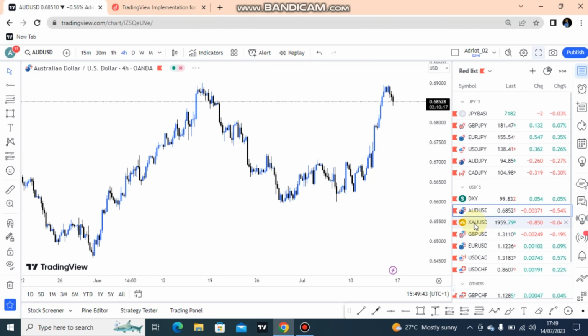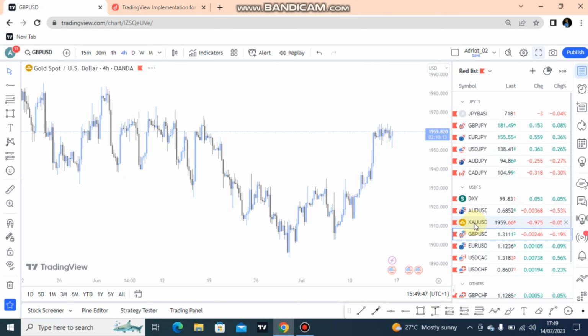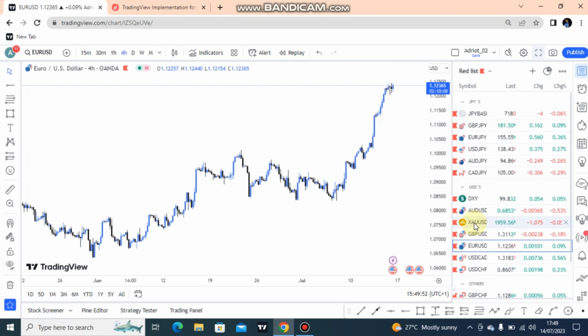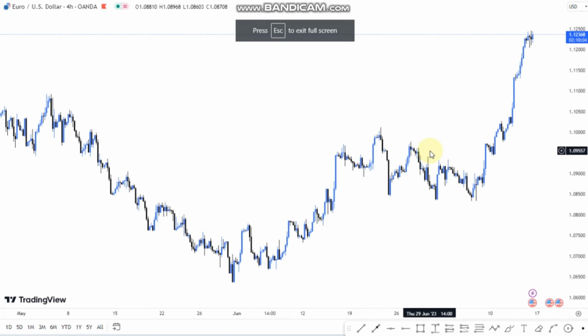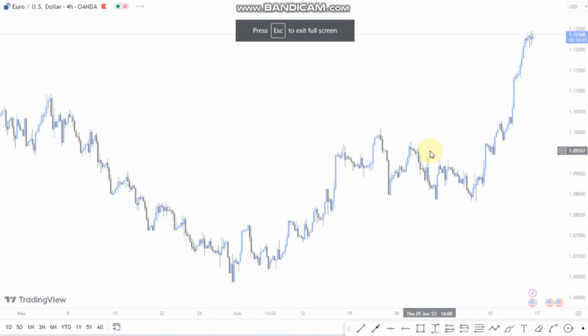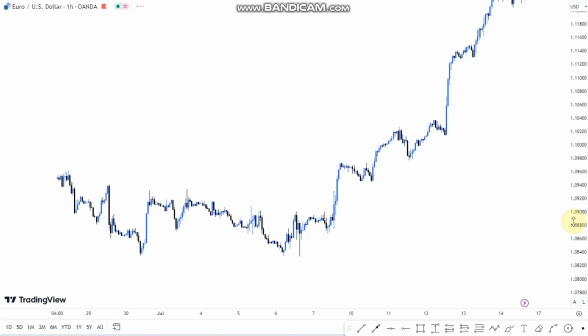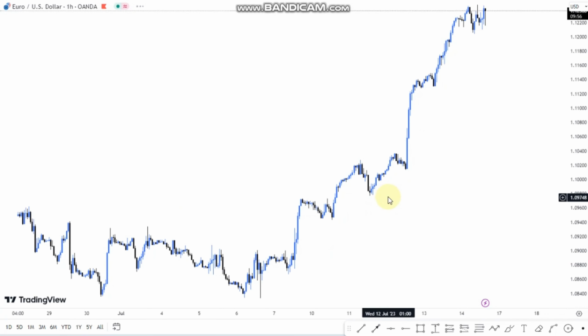I had some drawings here, I was just doing some setups, and if you remember this setup around these areas, I think it was on the 1 hour time frame. Let me check. Yeah, it was probably here, on the 1 hour time frame, around these areas.